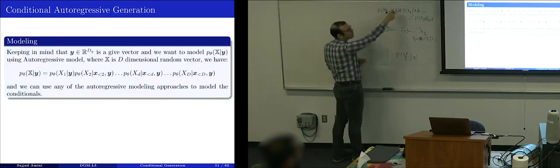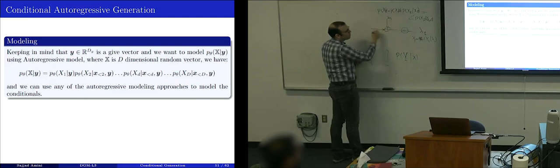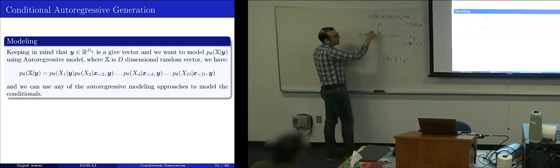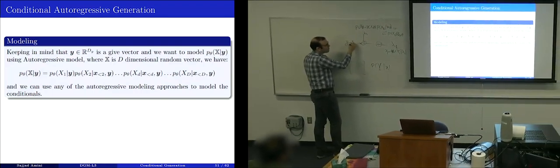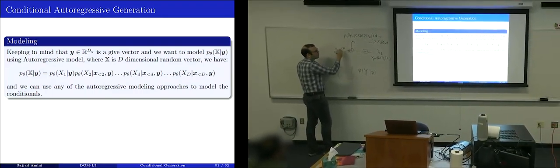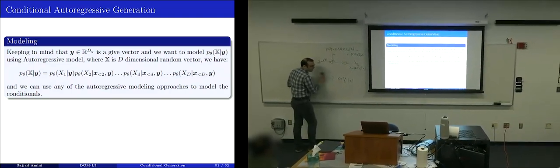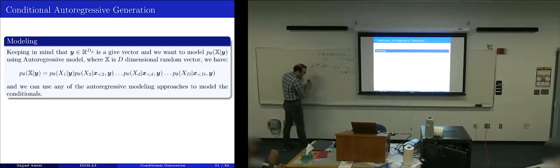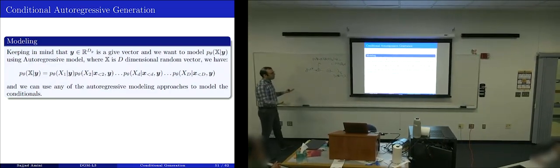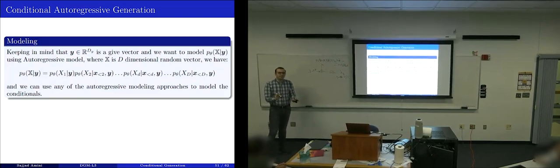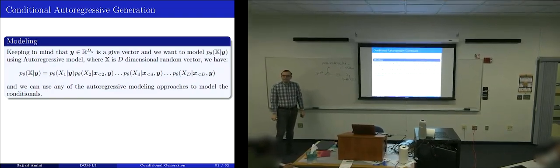This x is converted to y, a vector, so I can add it to the bias term. If this is a scalar, it can be easily added. If it is not a scalar, it should be multiplied by a vector to become a scalar, then added to your bias term. So there is nothing more about conditional generation. Just one vector which can be added to all conditionals you are calculating. Is it clear?